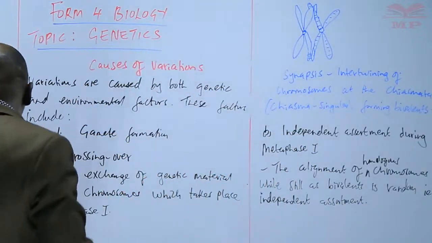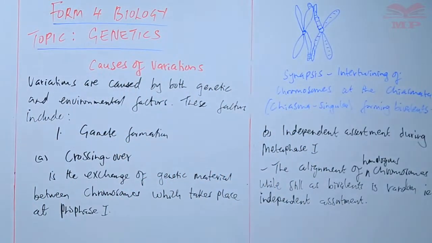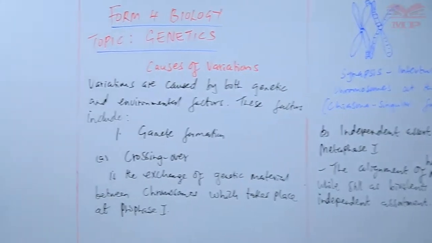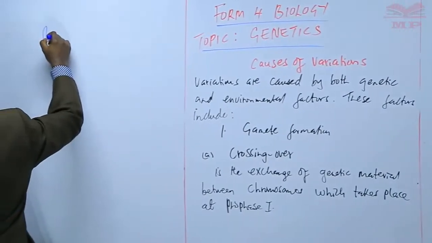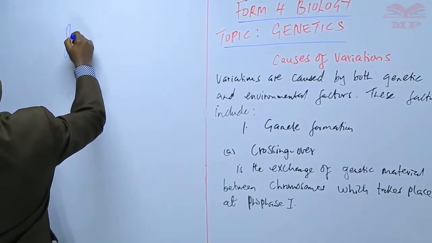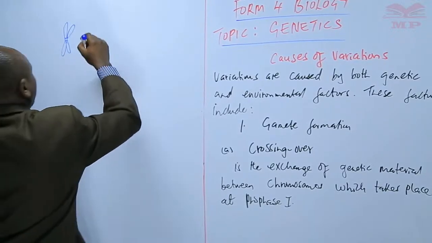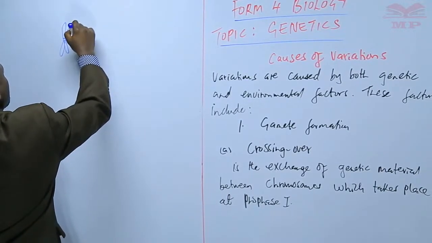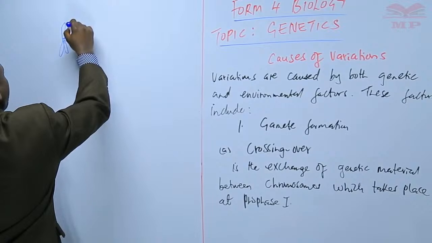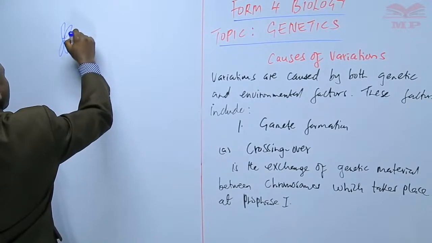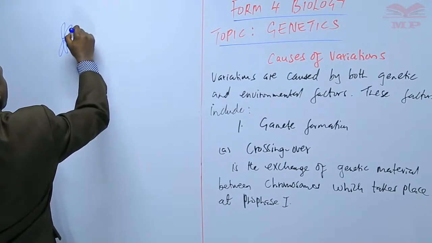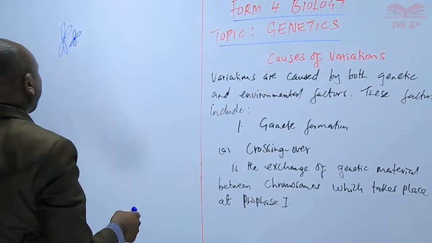So we'll have an illustration. For example, we have this chromosome, and assuming its pair is this, a smaller one.